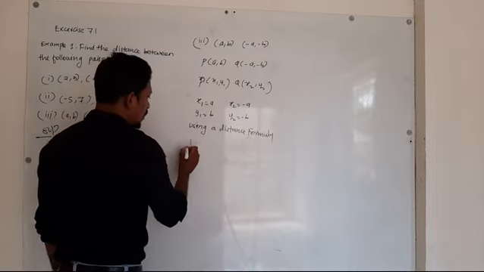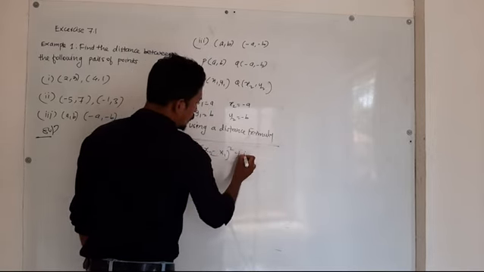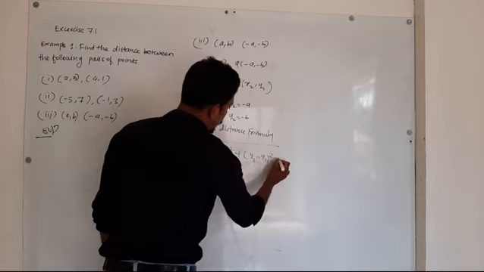Which is the distance formula? That is the square root of (x2 minus x1) squared plus (y2 minus y1) squared.